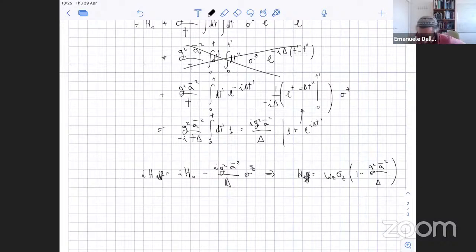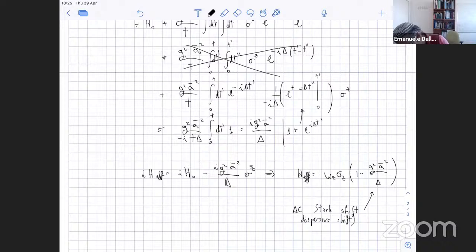The key result is the fact that the energy of this two-level system depends on the strength of the laser. Okay, this has different names. It is also known as the AC Stark shift, or as the dispersive shift.